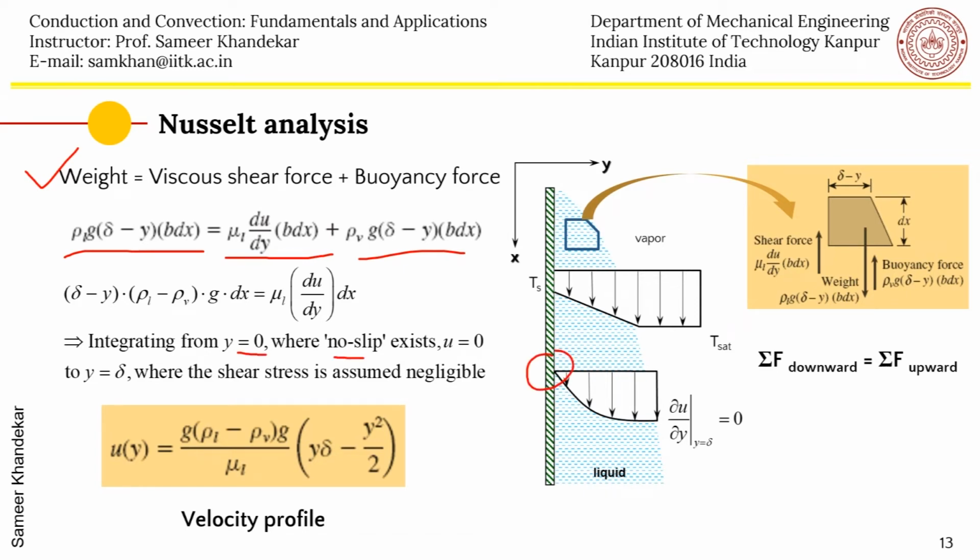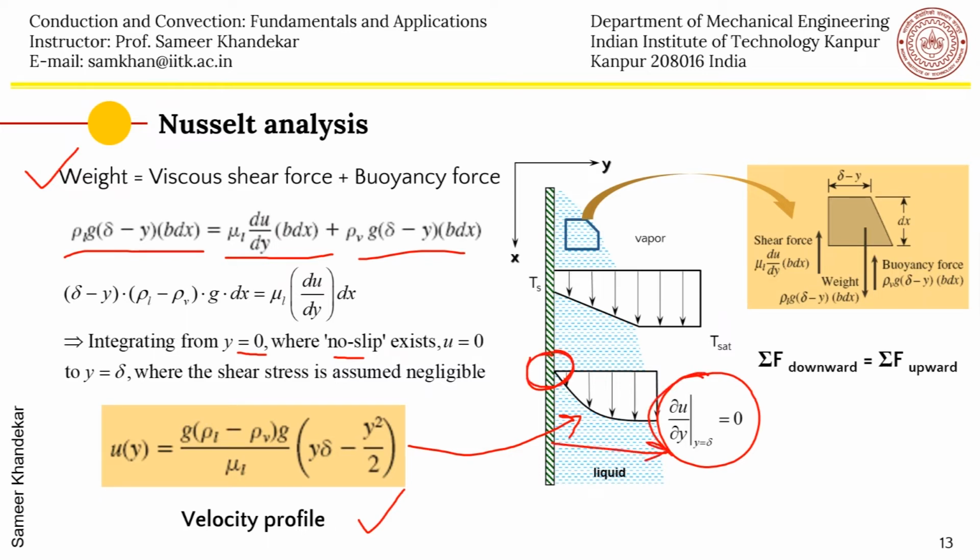So this velocity profile, from y equal to 0 to y equal to delta at any given position, you can find out. The velocity profile comes out to be g delta rho divided by mu l times (y delta minus y squared by 2).